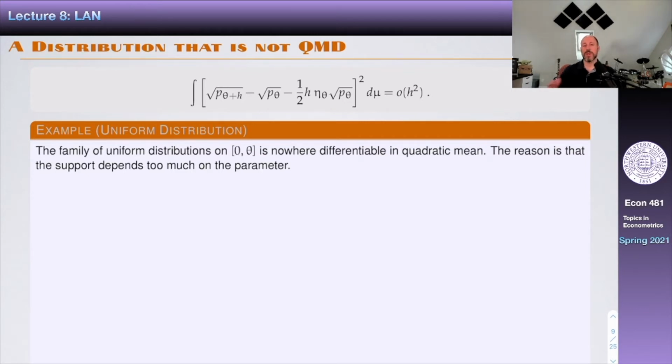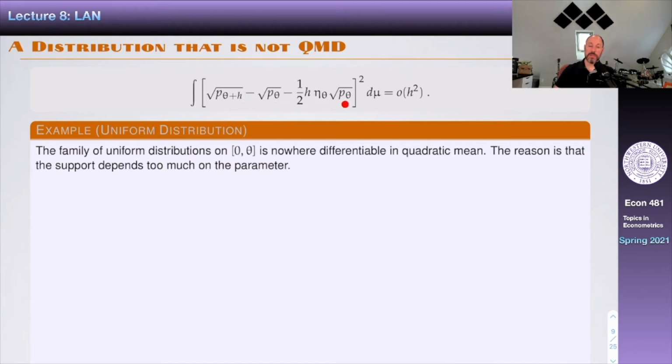And whenever you want to prove or bring a counterexample to some of these issues, I always say that a useful distribution for counterexamples is the uniform. And this is no exception. Here, the uniform provides an example of a distribution that is not differentiable in quadratic mean. So quadratic mean differentiability requires this condition over here.